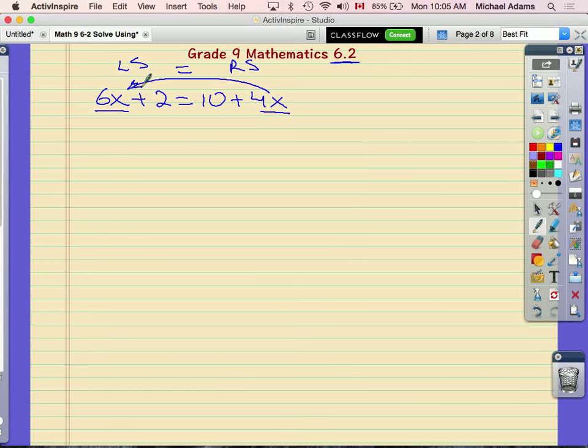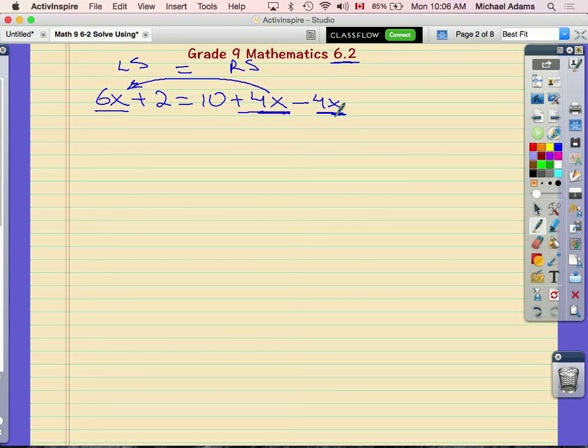So how do we do that? In order to get rid of the 4x from the right side, I'm going to subtract it from here. Why am I going to subtract it? Well, because this is a plus 4x, and the opposite of a plus 4x is a minus 4x. So remember the rule.